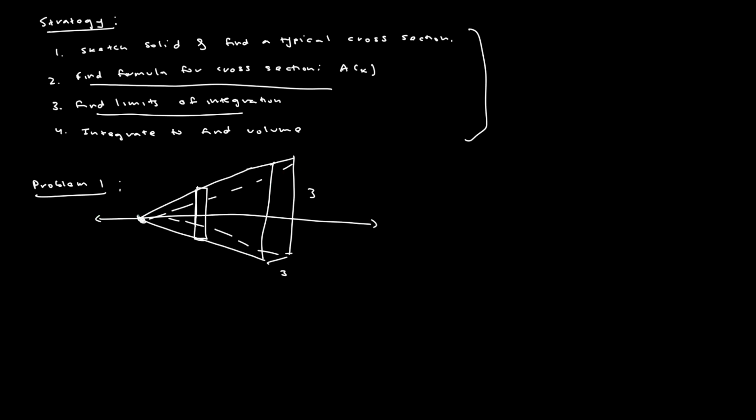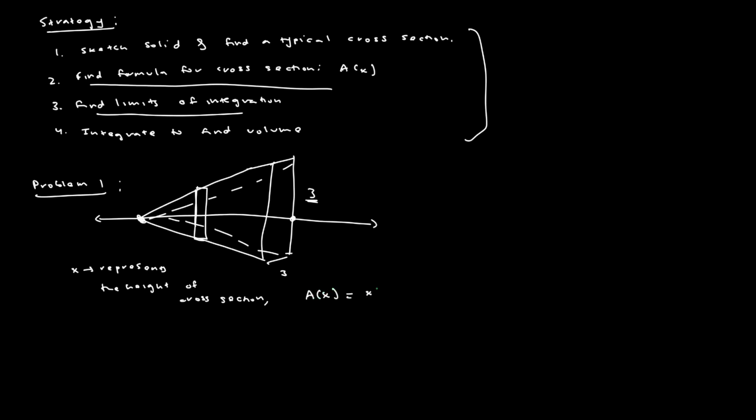First we need to find the formula for the cross section. If x represents the height of the cross section, then the area of the cross section is simply the area of the square, which is x squared.